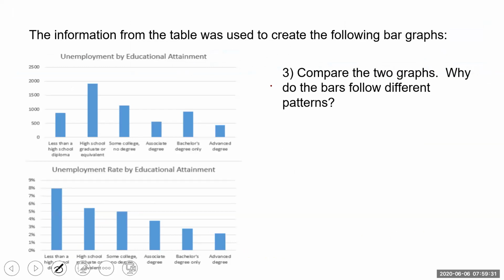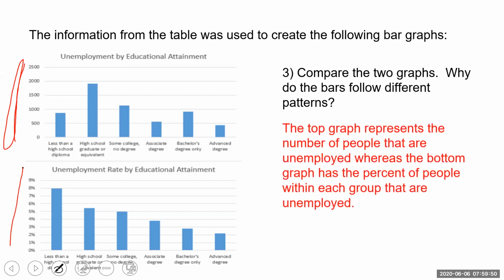All right, now we want to compare the two graphs, sorry. Why do the bars follow different patterns? All right, so you realize that the unemployment data for the first graph, these are just actual numbers and these are percentages. Okay, so that is why the bars follow different patterns in the two graphs.